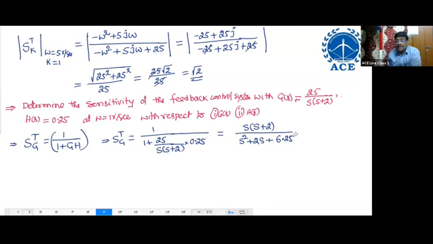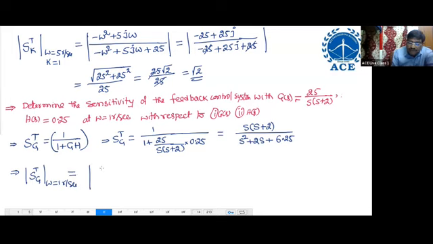Okay. Now find the magnitude. So magnitude of S_T^G at omega equal to 1 radian per second.